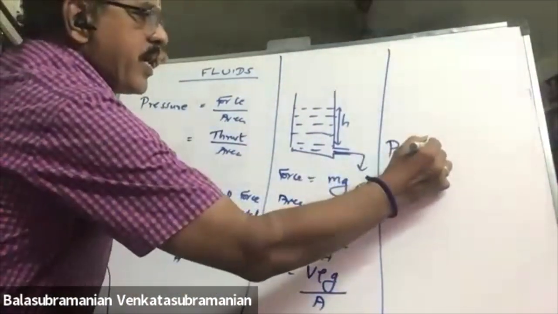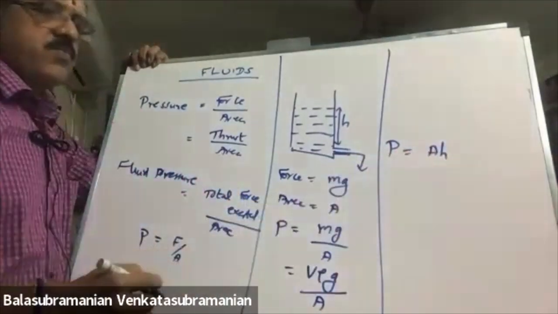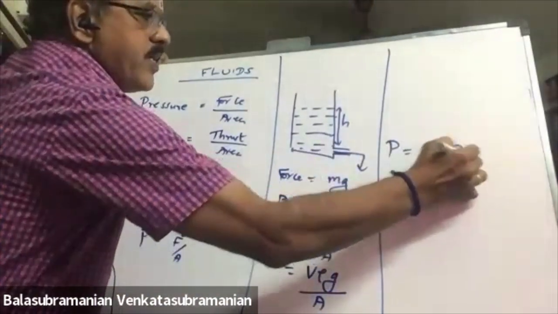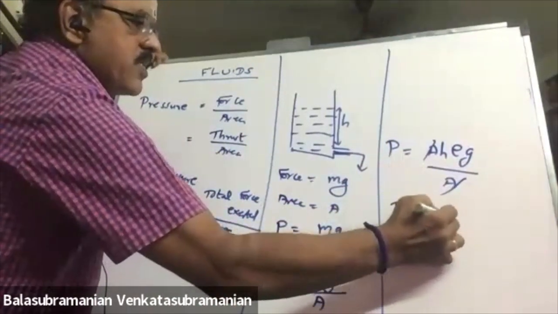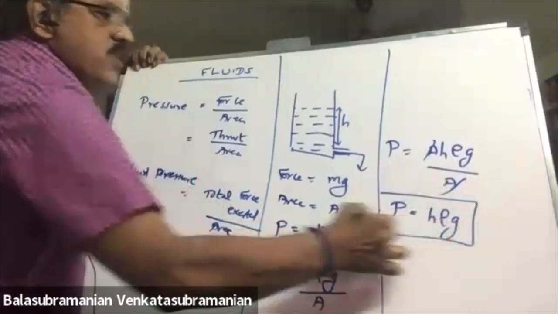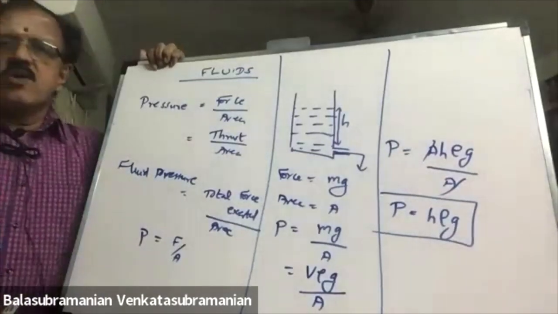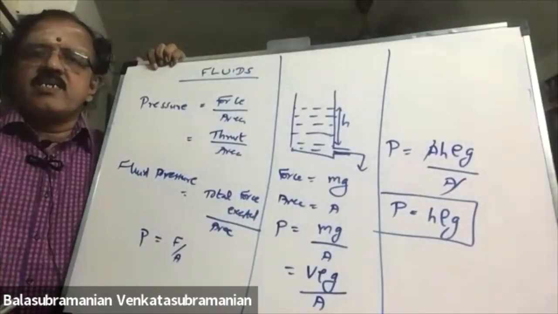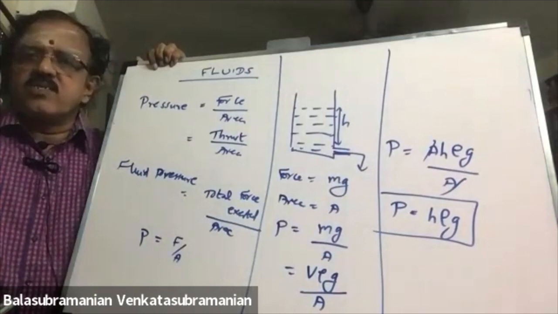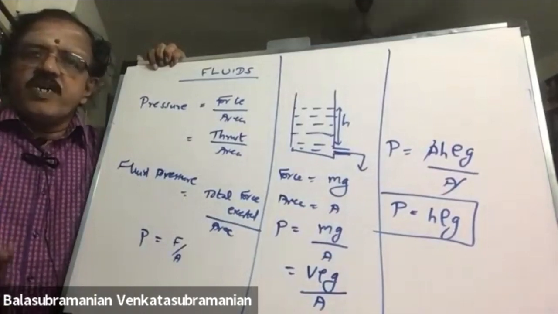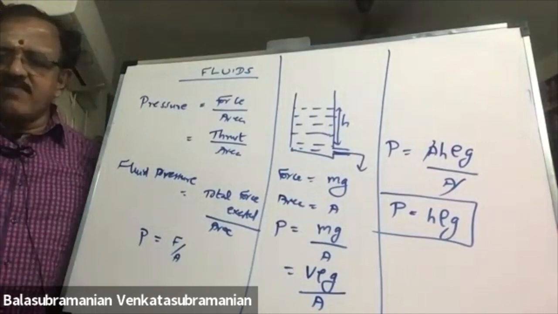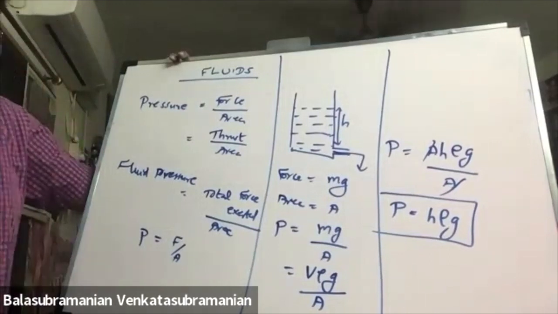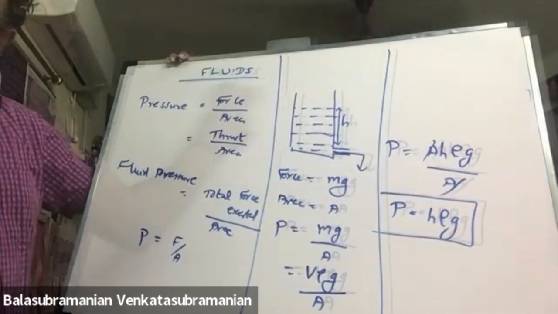Volume is area into height, into rho, into g by A. A cancels. So pressure is equal to h rho g. So h rho g is the pressure exerted by the liquids at a certain height. So hereafter, liquid pressure means you can talk only of h rho g.